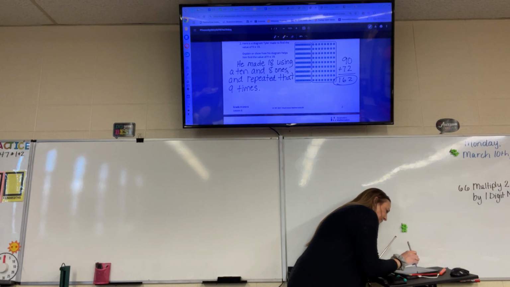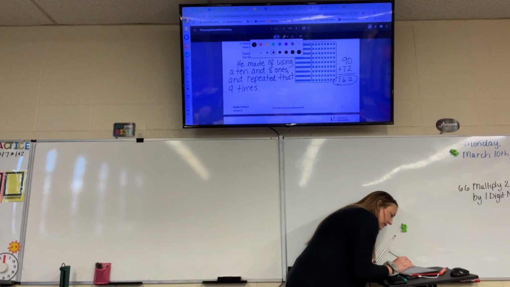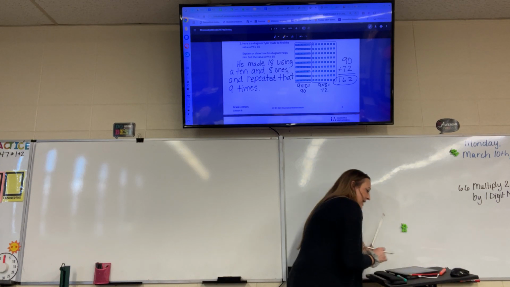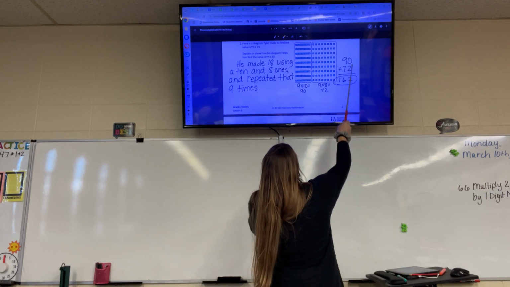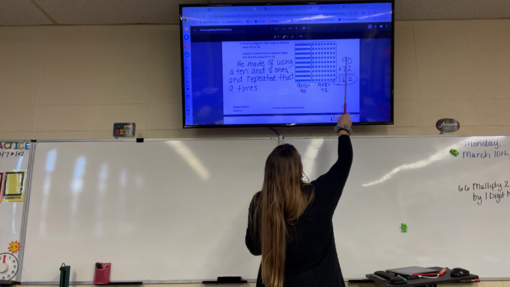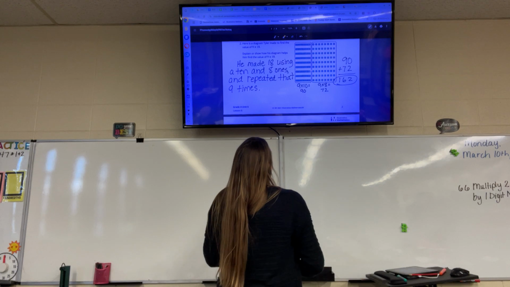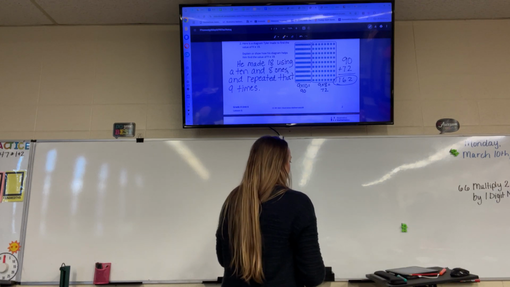So in this box, I have 9 groups of 10, which equals 90. And over here, I have 9 groups of 8, which equals 72. When you stack those, that 90 and that 72, 0 plus 2 is 2, and 9 plus 7 is 16. So you get 162.